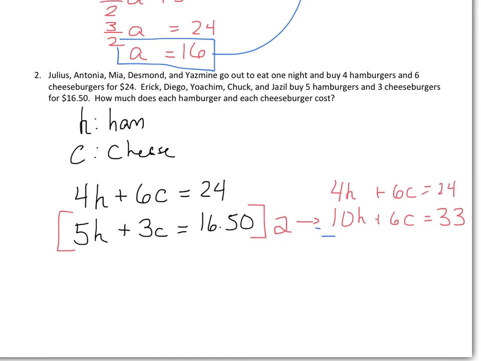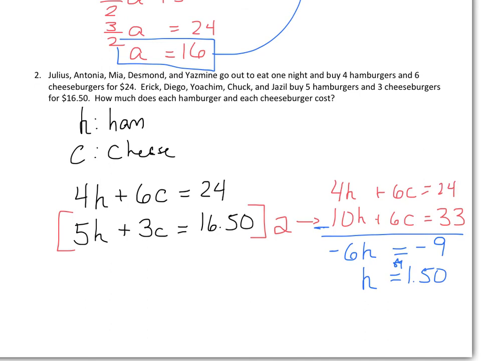And now I'm set up to eliminate by subtracting. 4 minus 10 is negative 6H. And 24 minus 33 is negative 9. So when I divide by hamburgers, you get negative 9 divided by negative 6, which is equal to $1.50.